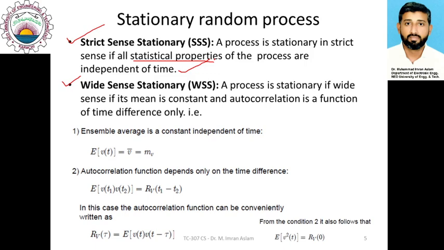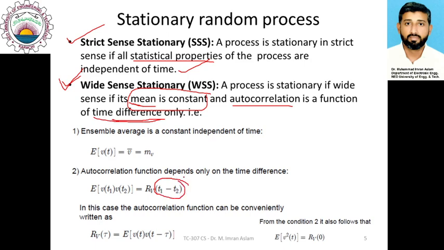However, for most cases we are actually interested in these two parameters, mean and autocorrelation function. So we define another type of stationarity which is called wide sense stationary. A process is said to be wide sense stationary if its mean is constant, and autocorrelation is a function of time difference only, that is t1 minus t2.